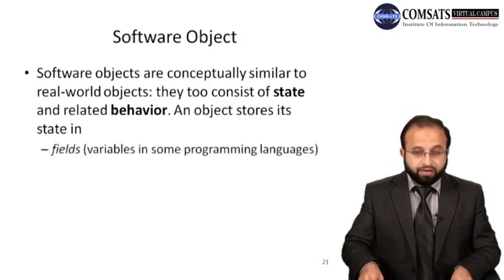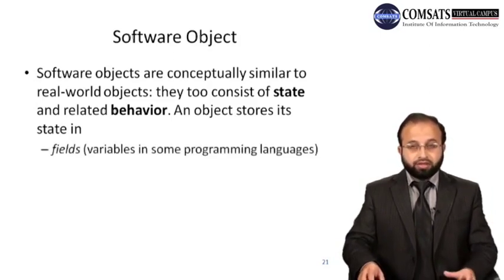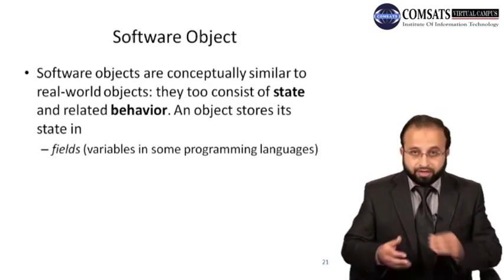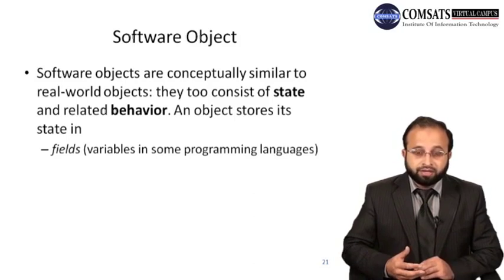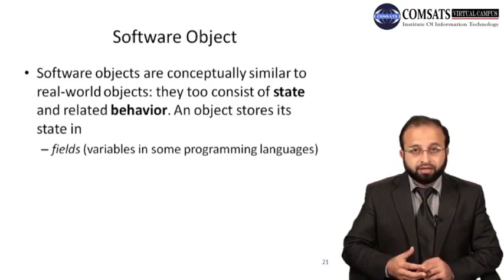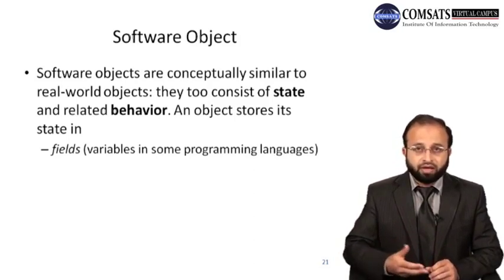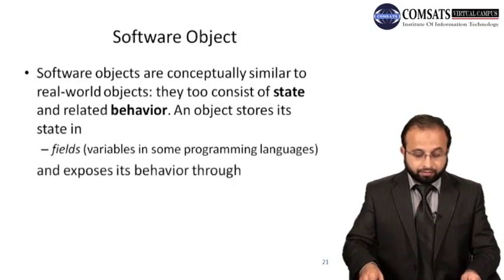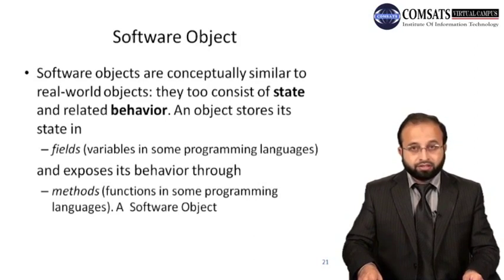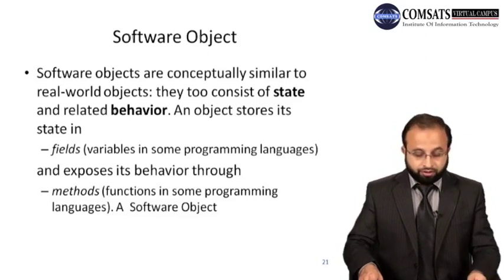So objects have state and behavior, and in a software object, the state is represented by fields, that is variables in some programming language. Like in C language you have variables, so you represent fields by using variables, and it exposes its behavior through methods, that is functions in some programming language, and in C language it's also a function.